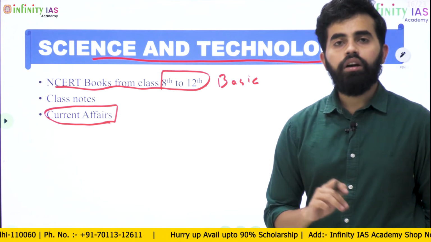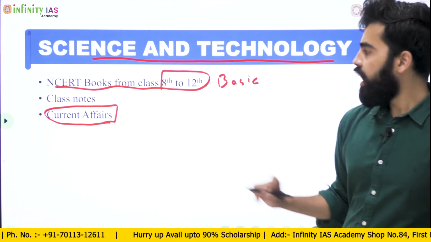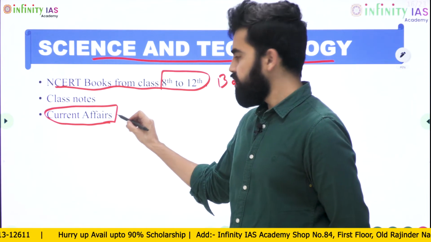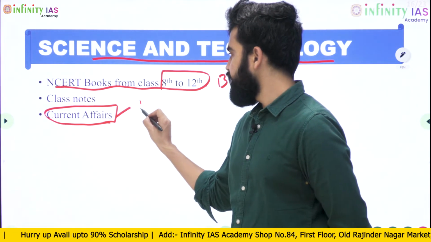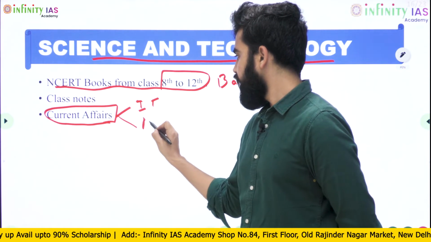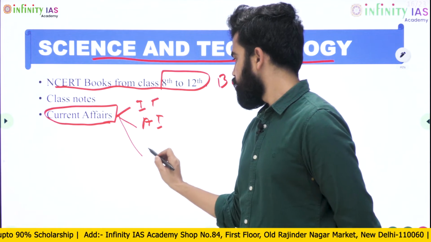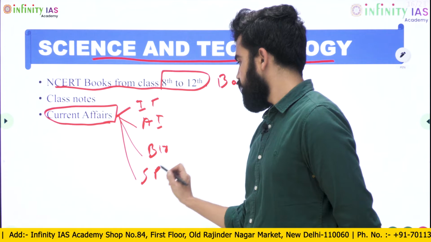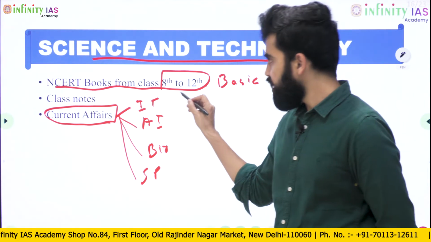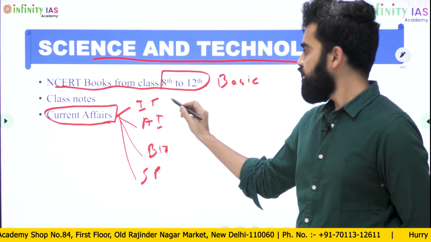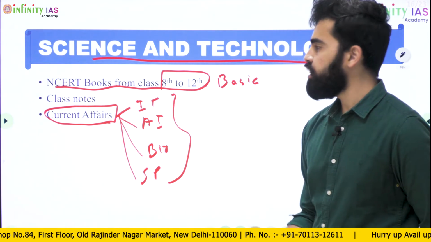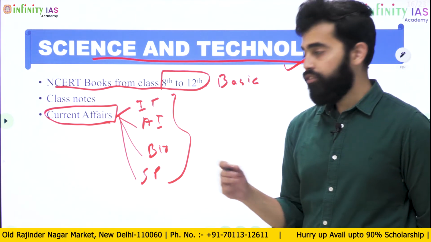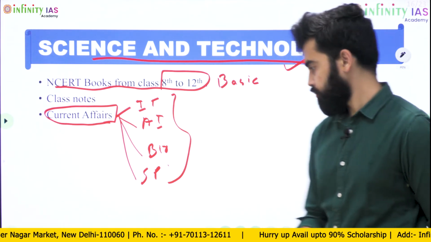We need to follow newspapers daily and segregate our current affairs regarding science and technology into various sections like IT, AI, biotechnology, space technology, etc. If we classify our current affairs into these subtopics, it will be easier to read science and technology as well as to revise it just before the exam.